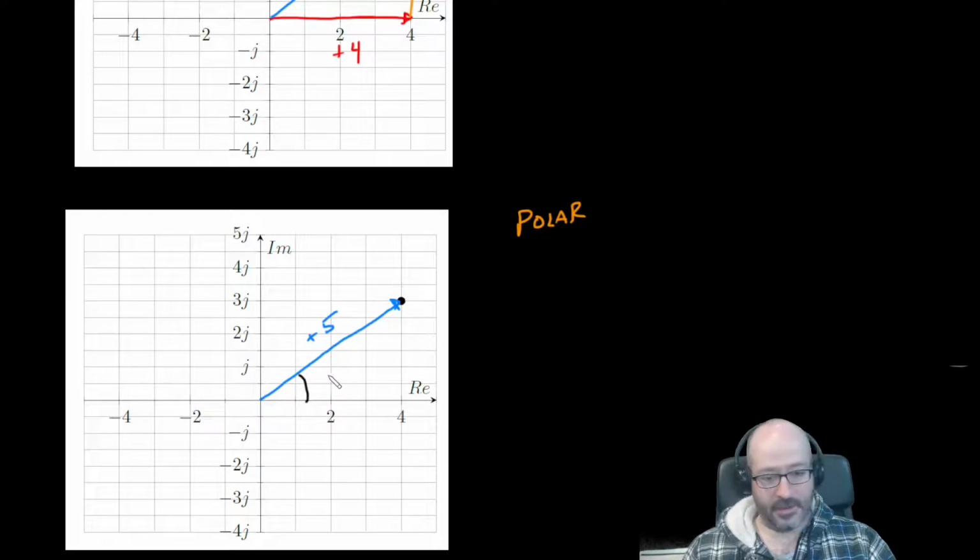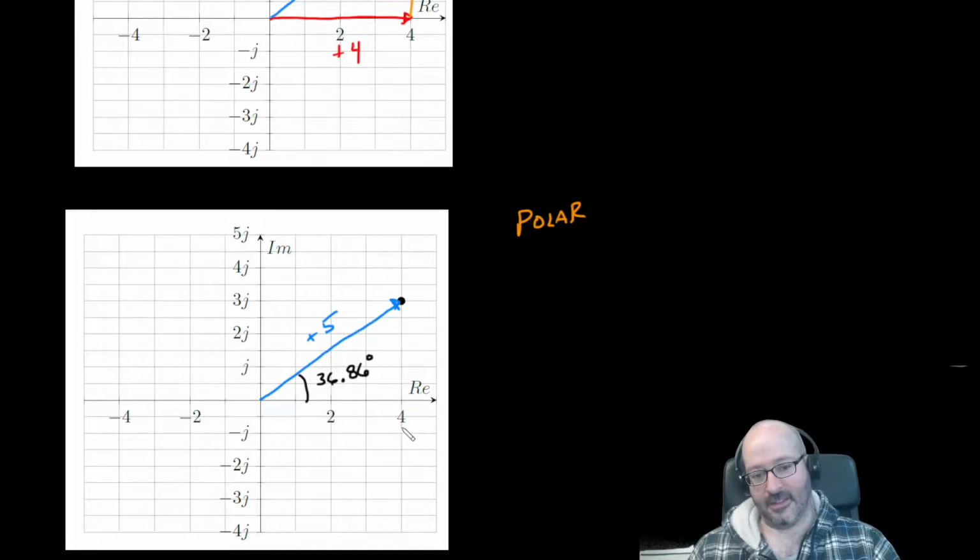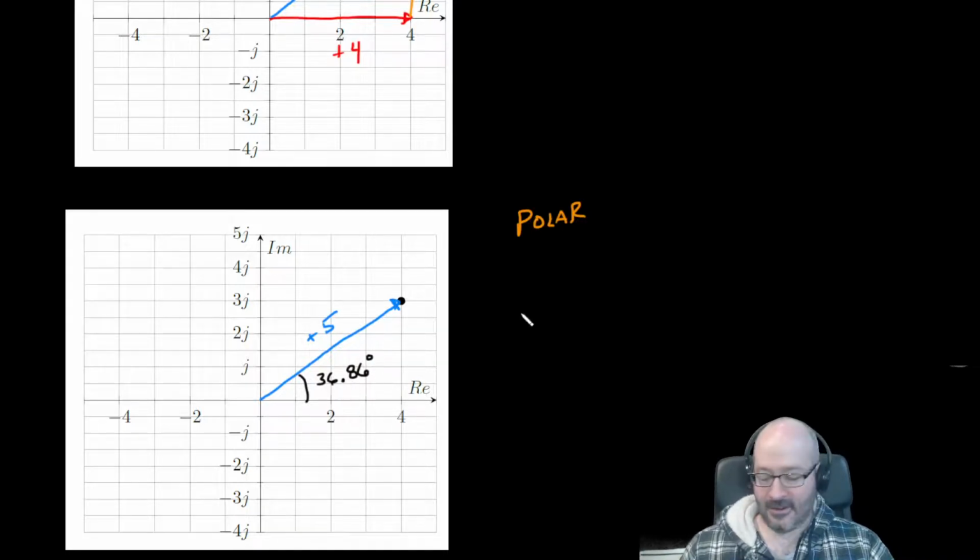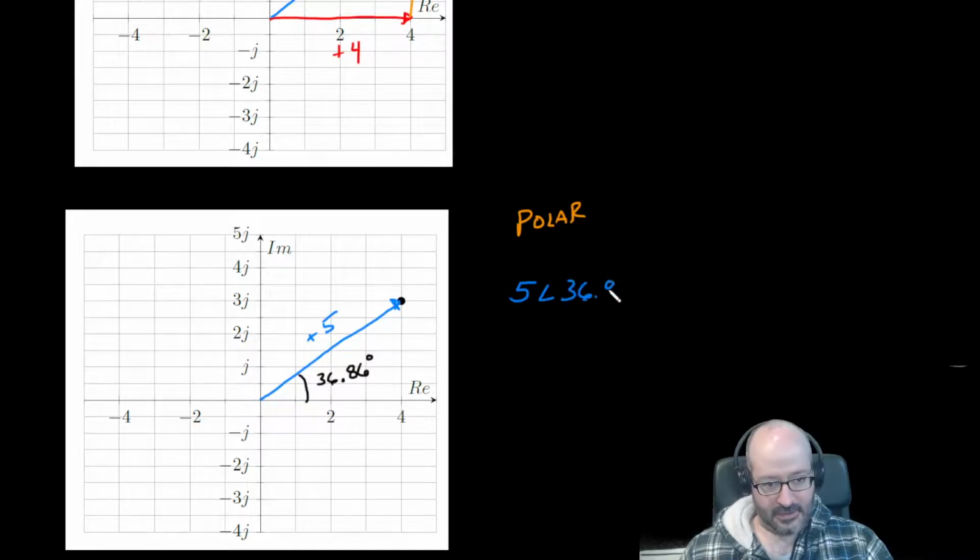Okay, and we'll find that that is 36.86. I didn't want to risk it. I thought I remembered. Okay, and that's in degrees. So we write that together as 5 at an angle of 36.86 degrees.